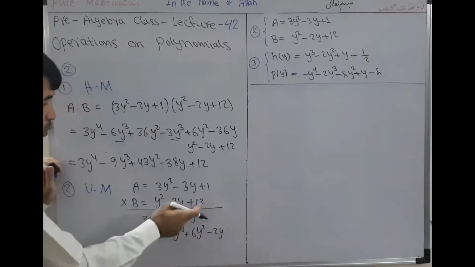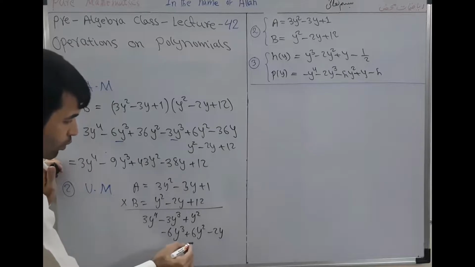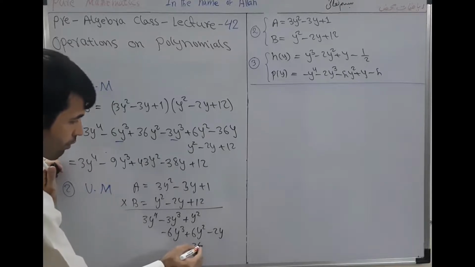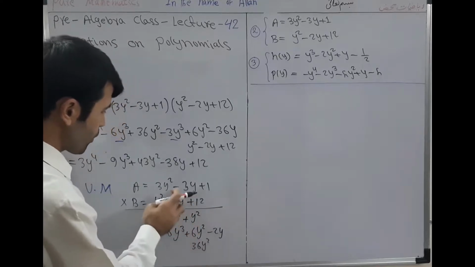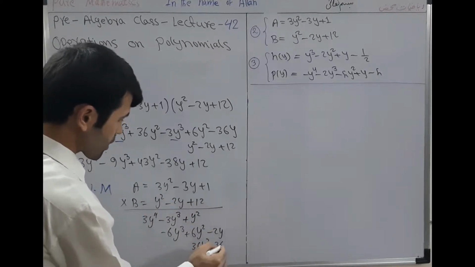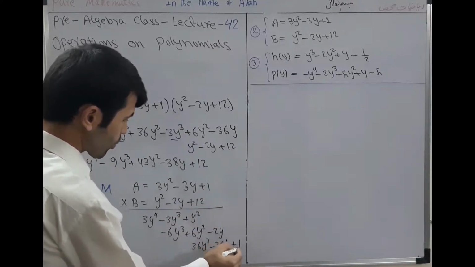Now we multiply 12 by 3y squared, it is equal to 36y squared. 12 multiplied by minus 3y, minus 36y. 12 multiplied by 1, 12.